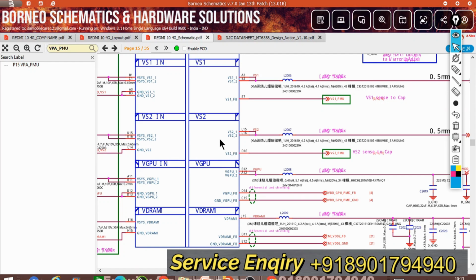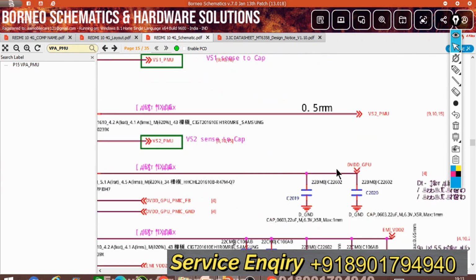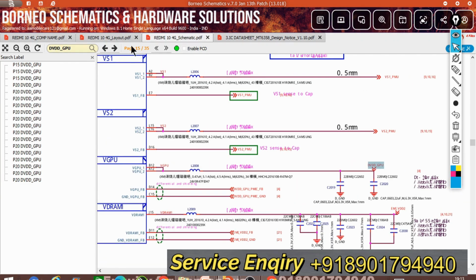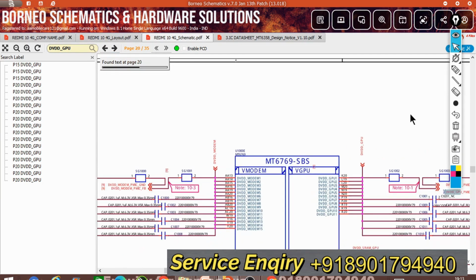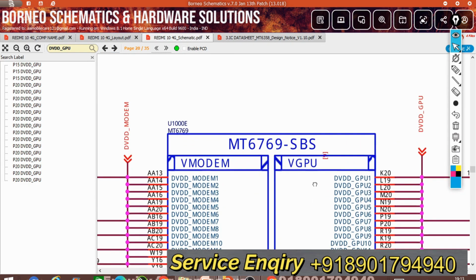Now after that, we call VGPU, the voltage for the GPU. This line goes to the GPU section in your CPU.